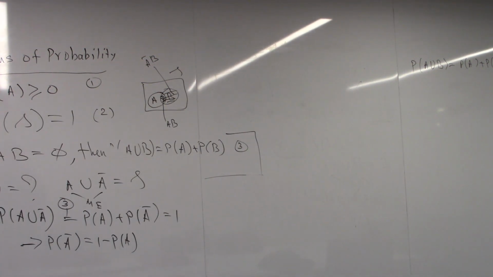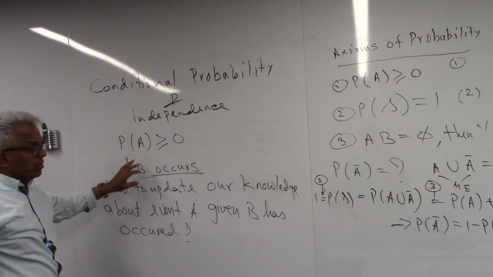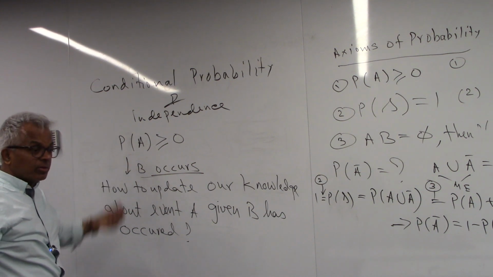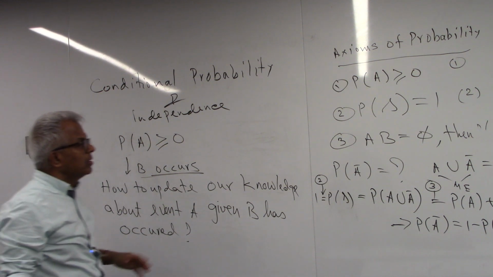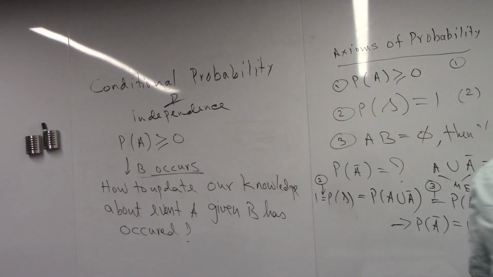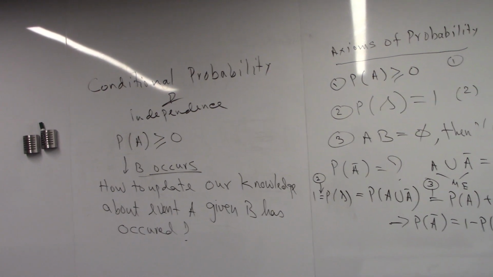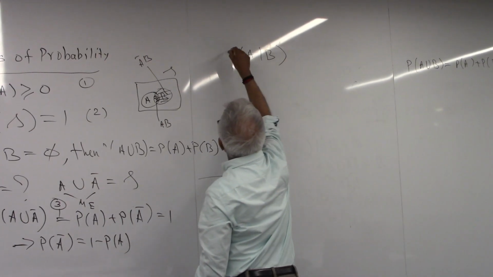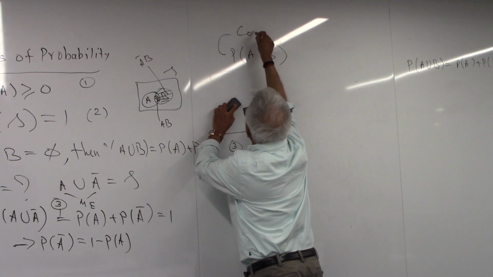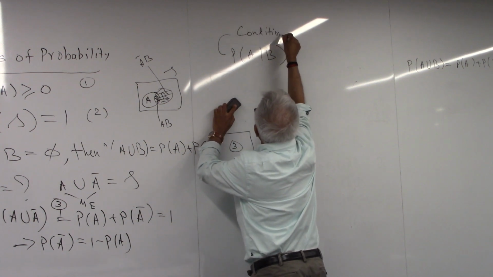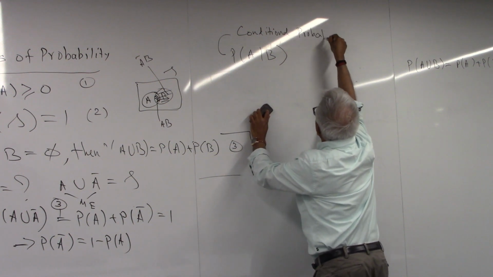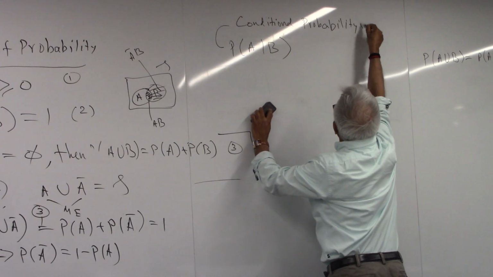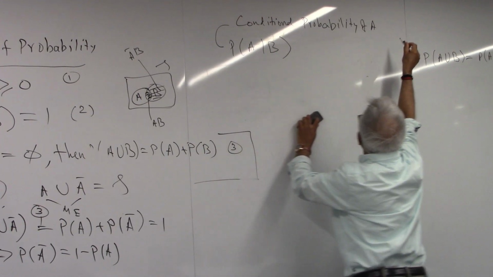You have some idea about A, but we know that something has just occurred because we saw it or performed an experiment and found the outcome to be B. So what can you say about A given that B has happened? That is known as the conditional probability of A given B.